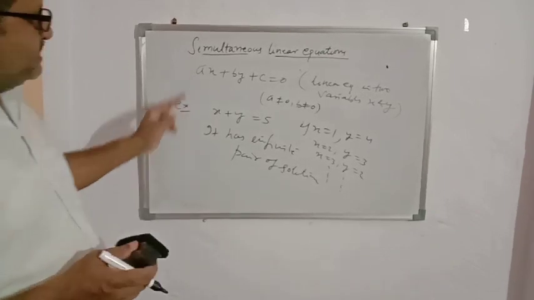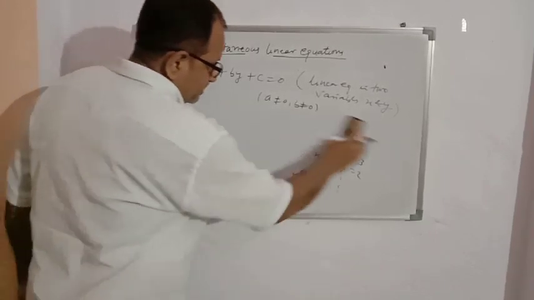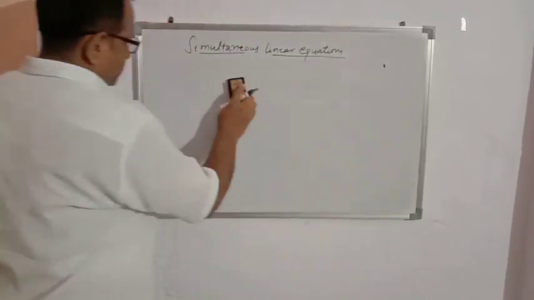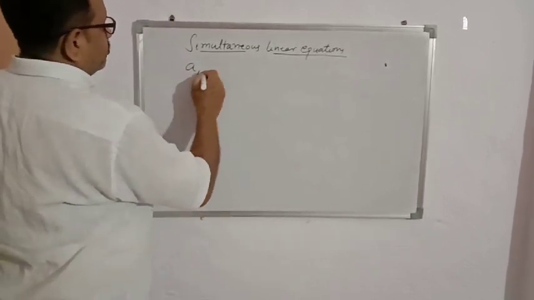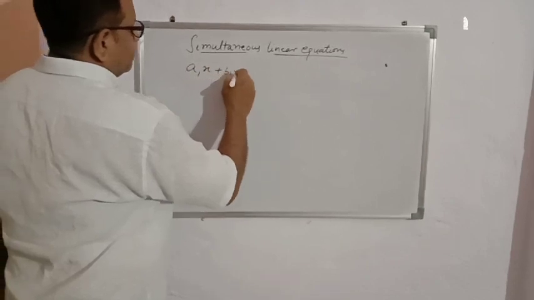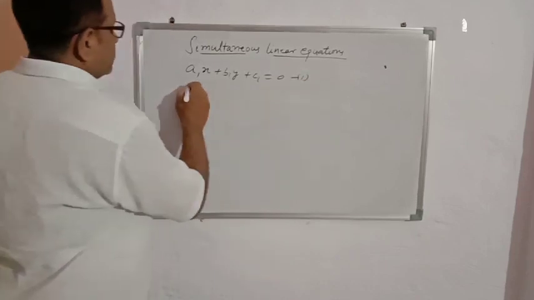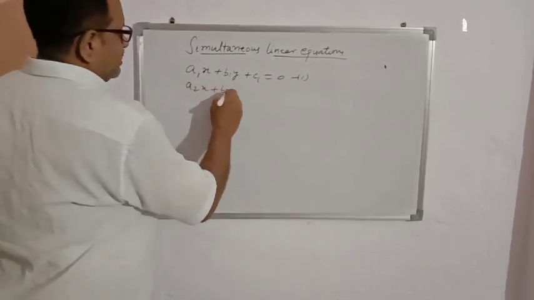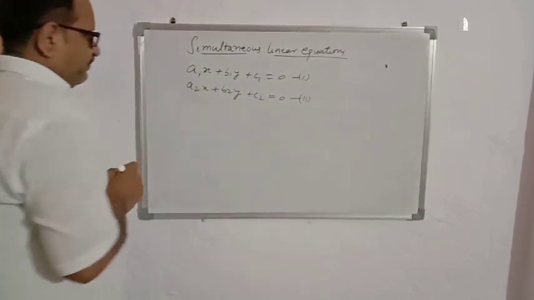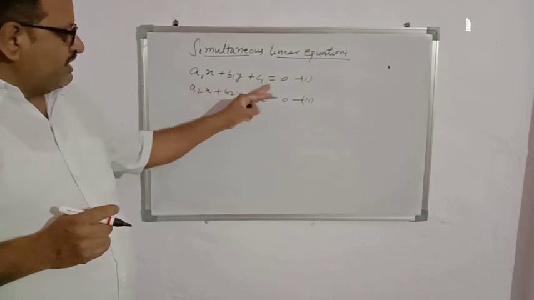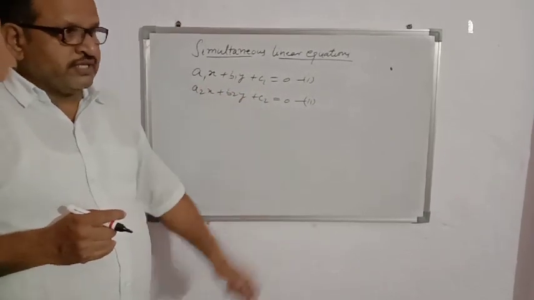Now we will see simultaneous linear equations. What are simultaneous linear equations? So we are taking two equations in two variables: a1x plus b1y plus c1 is equal to 0, one equation, and a2x plus b2y plus c2 is equal to 0, the second equation, where a1, b1, c1, a2, b2, c2 are real constants.